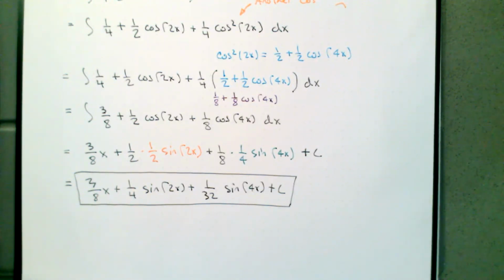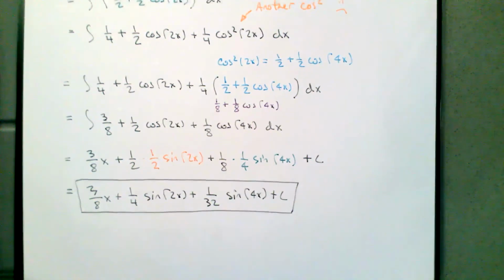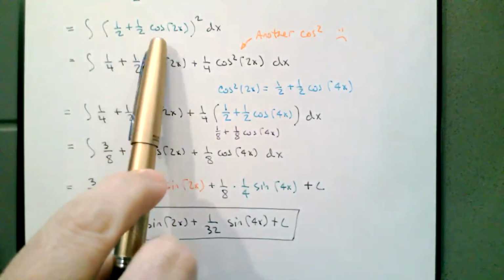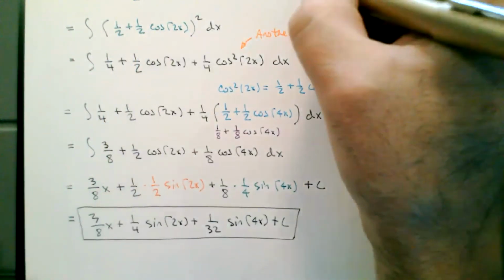Any questions? Professor, I kind of got confused at the cosine 2x squared part. I'm not sure how you got 1/4 plus 1/2 cosine 2x plus 1/4 cosine squared 2x dx. I just multiplied out the 1/2 plus a half cosine of 2x.